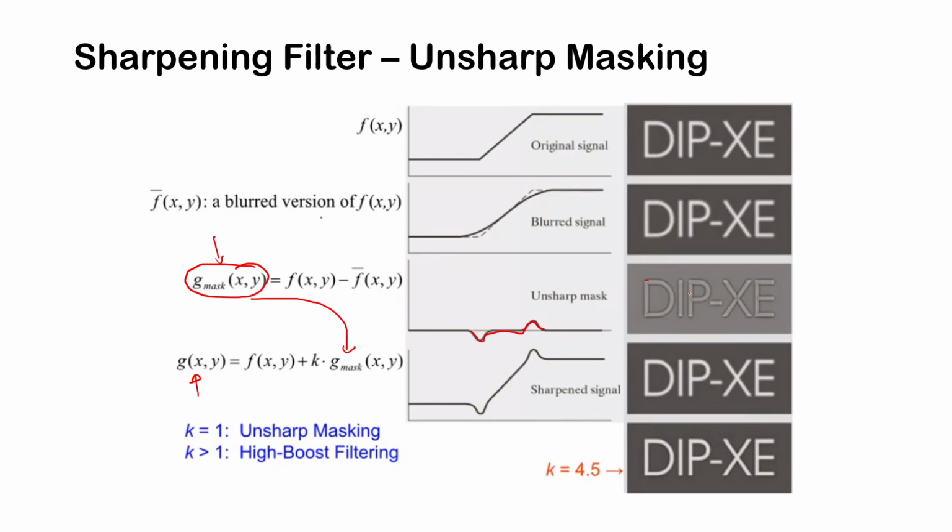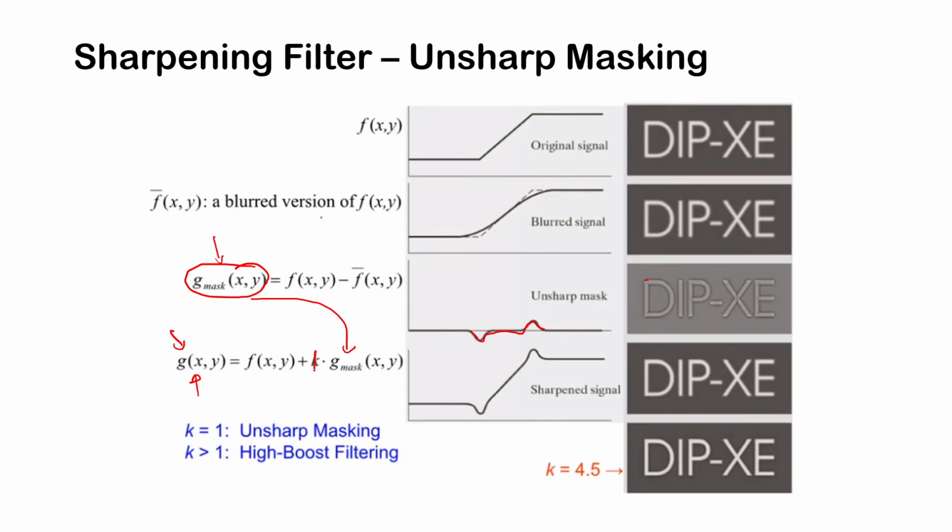Alright, then when you want to do the high boost filtering, you have to understand this function again. So this is the unsharp mask, right? That's also here. And then you have the results based on the sharpened signal from here. This is the unsharp mask. Then you use this unsharp mask to get the result here. This is going to be your sharpened result using the unsharp mask. Okay, k is just a coefficient.